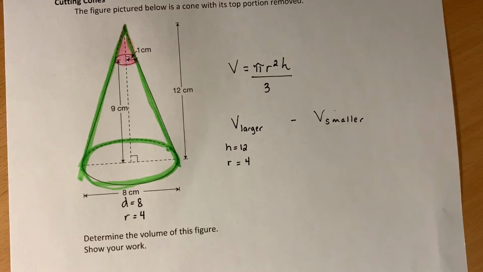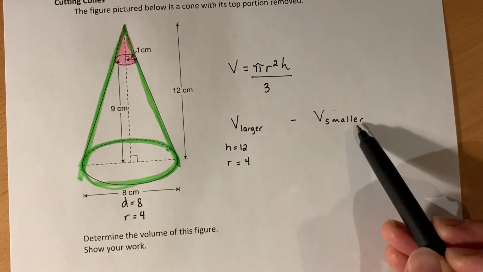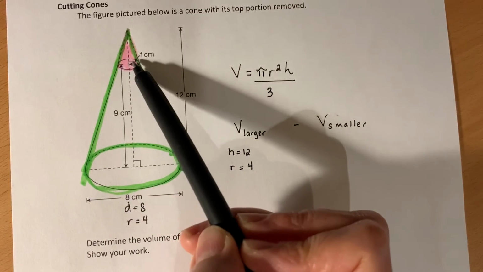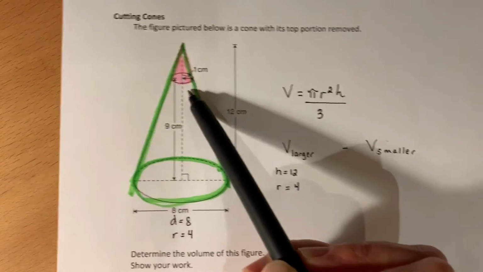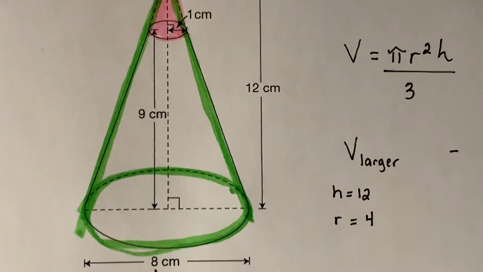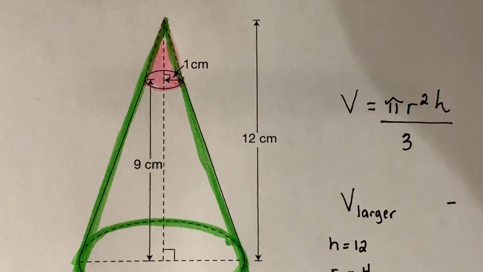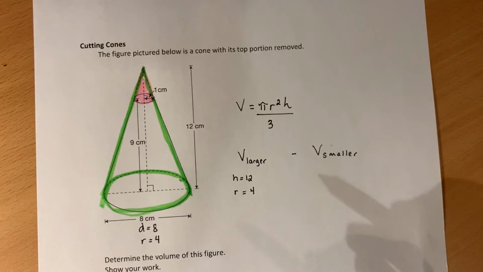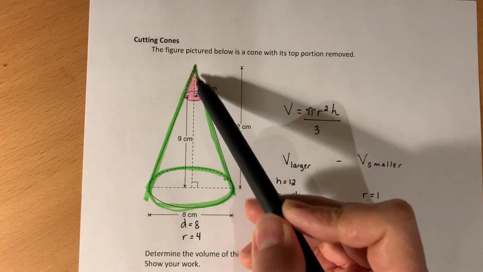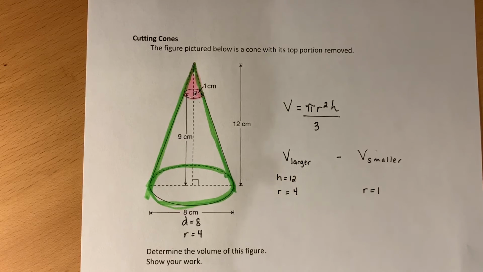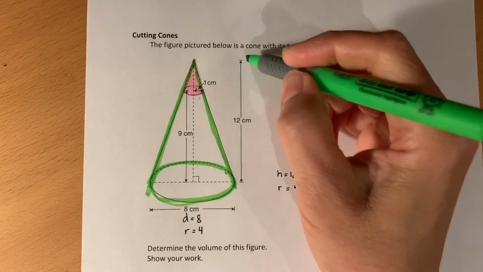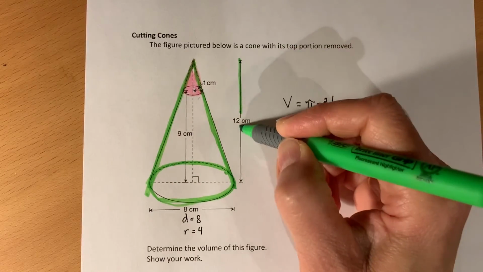Now let's look at the smaller cone for a moment here. So let's look for the radius. Are you given the radius? And if you can see, the radius is 1. Now do we have the height of the smaller cone? We know the height of the large cone is 12.